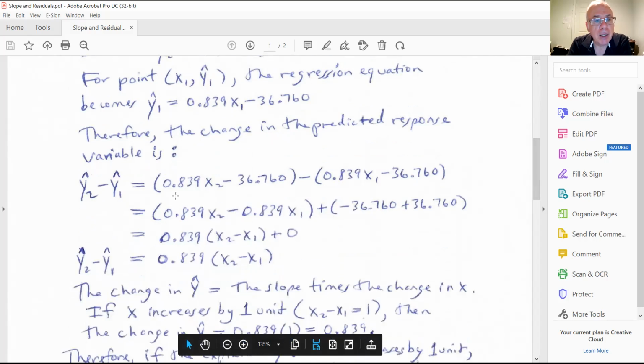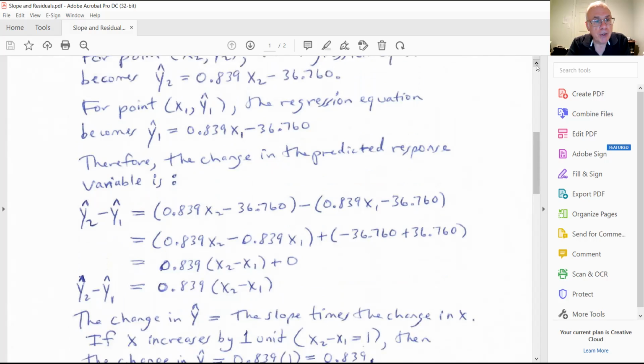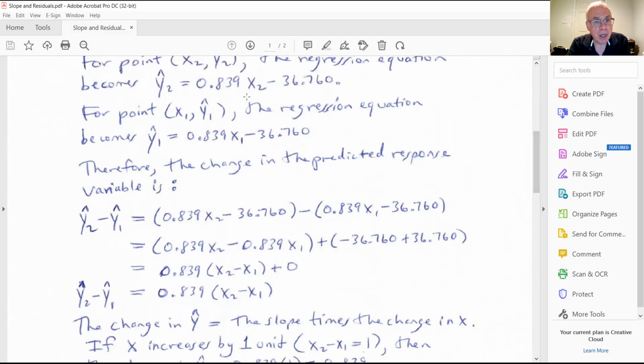Suppose we want to calculate the change in the y value, the predicted value of the response variable. So we simply subtract these two, right? y hat 2 minus y hat 1, that's the change in y. And we're simply replacing the y hat 2 and y hat 1 with the right side of each equation here. Just replace them here and here.